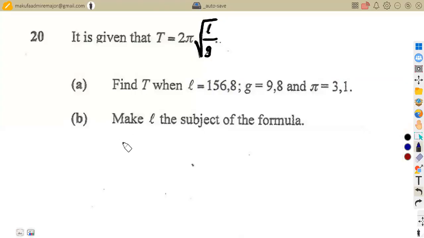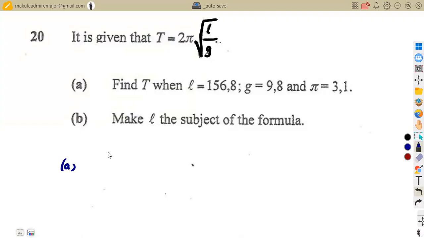All right, moving on to question number 20, we are given that t is equal to 2 pi the square root of L over G. So on this part, the first question is to find t given the information L, G, and pi.